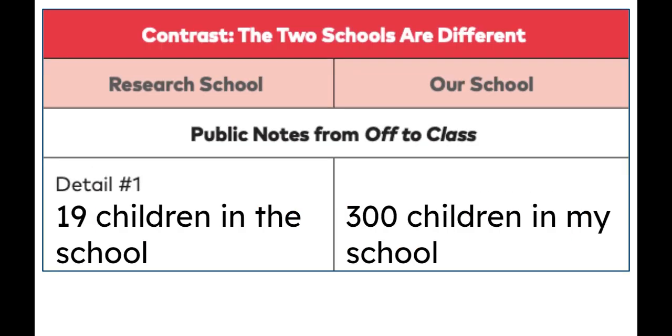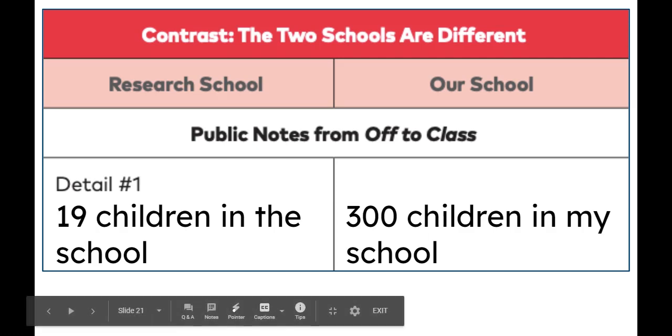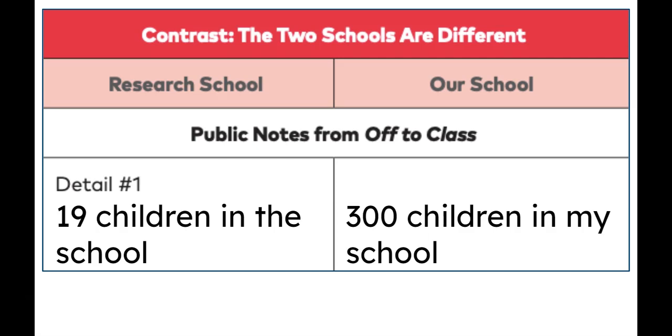So, where I said that there were 300 children in my school, I'm going to switch that to a sentence by first telling what school I'm talking about. In my school, there are 300 children in my school. Okay, or I could just say, in my school at Metcalfe County School, there are 300 children.